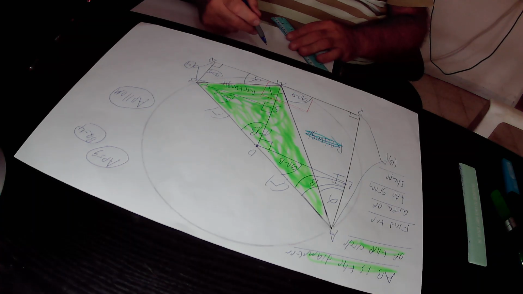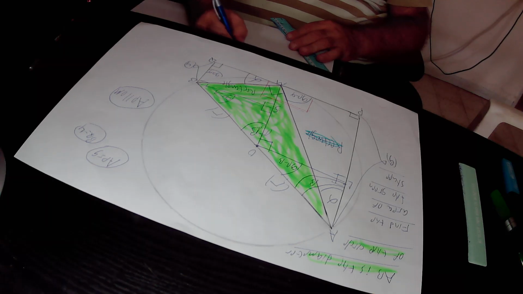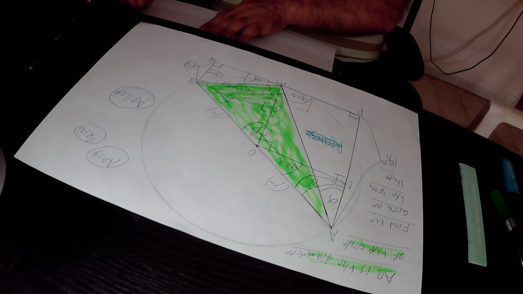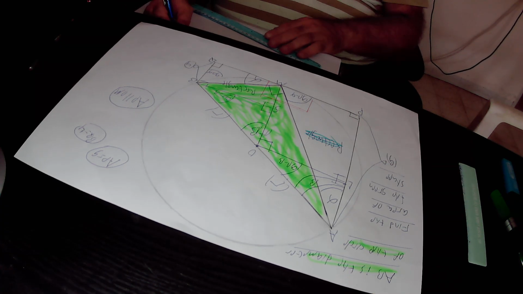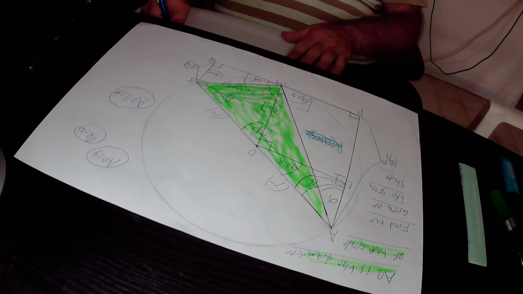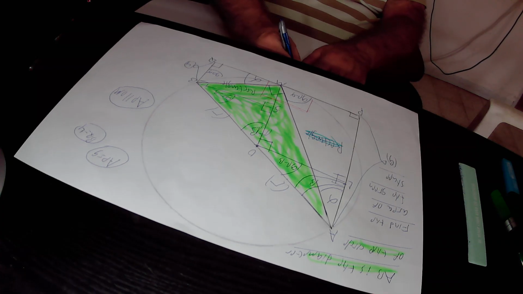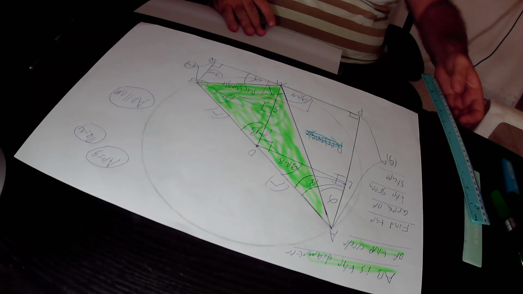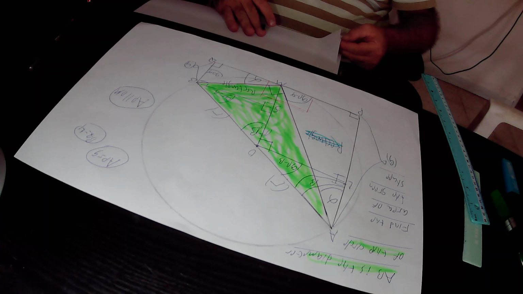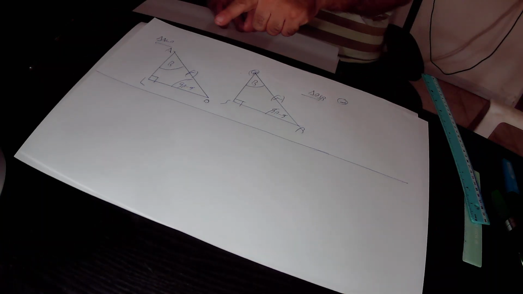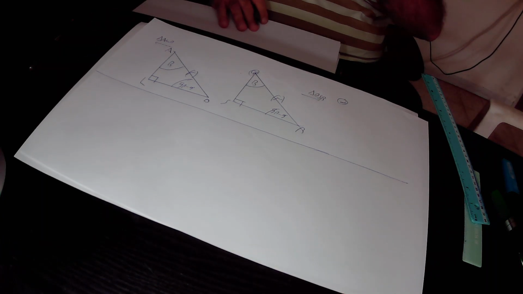They're both radii of the circle, therefore they're equal to each other. Okay, those are the two right triangles ALO and OSB that we are going to compare.